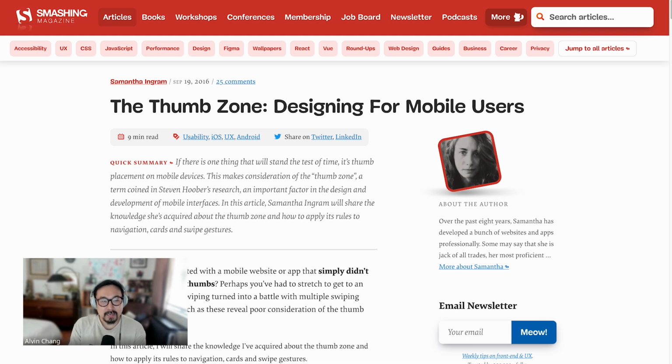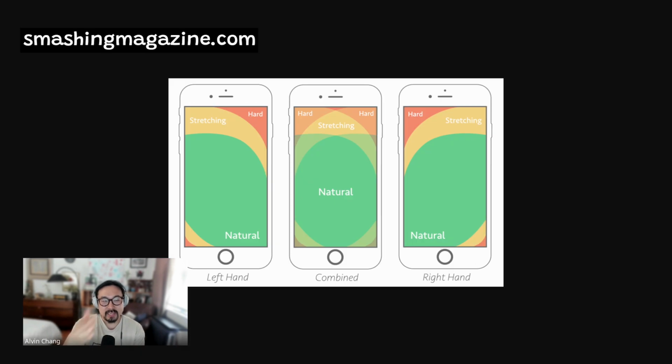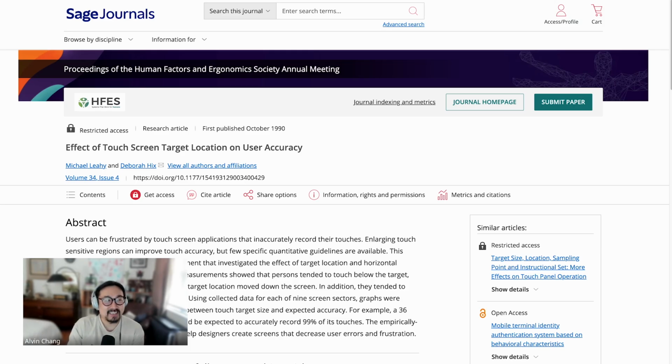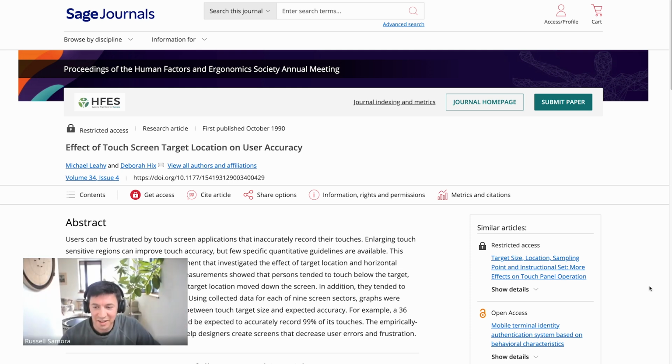I found this thing about the thumb zone in phones where, if you're using your right thumb, there's kind of a diagonal that your right thumb can touch, but it can't get to the bottom left corner or the top right corner. Last thing I found was this study from like 35 years ago. They were trying to figure out why people kept missing their targets on touchscreens. I didn't know we had touchscreens in 1990.